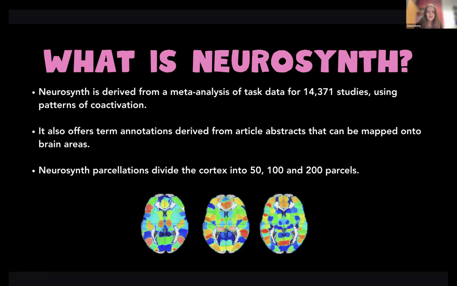Based on this meta-analysis, it also offers a term annotation: it looks through the article abstracts and extracts common terms that are mapped onto these different parcels. Neurosynth offers 3 different parcellations, dividing the cortex into 50, 100, or 200 parcels, as pictured here.